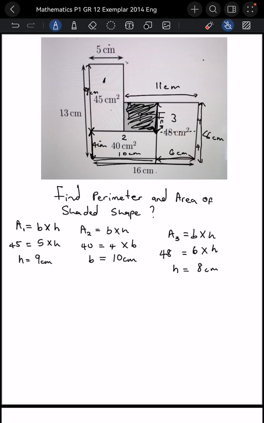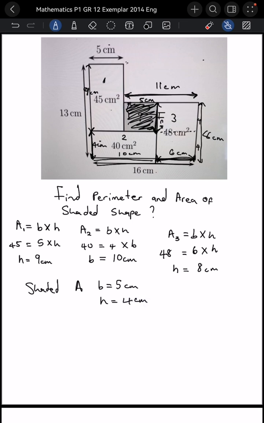Let me write it properly. And then, if all of this here is 11, and this part here is 6, therefore the part that is left here is going to be 5 centimeter. So for the shaded area, the dimensions: the base is equal to 5 centimeter, and the height is equal to 4 centimeter.